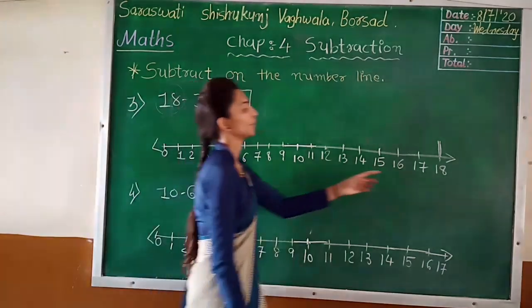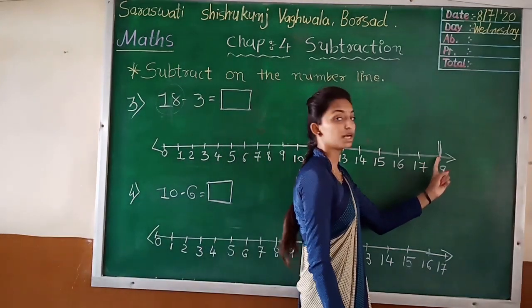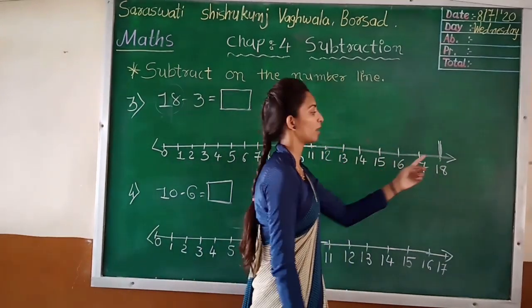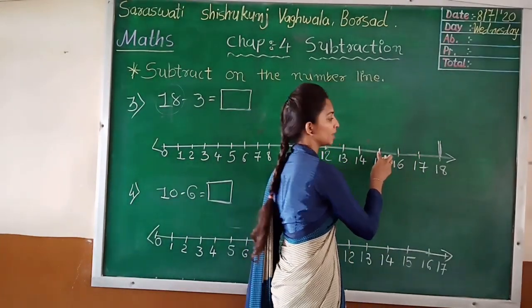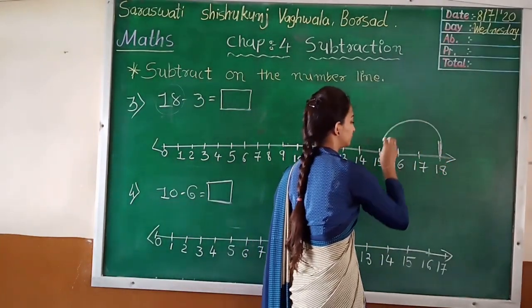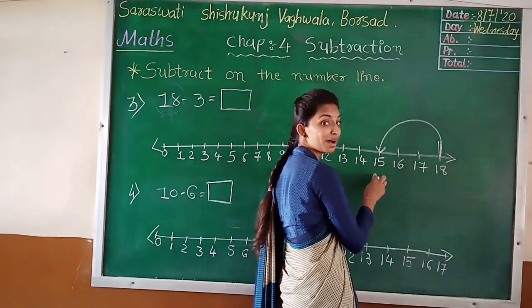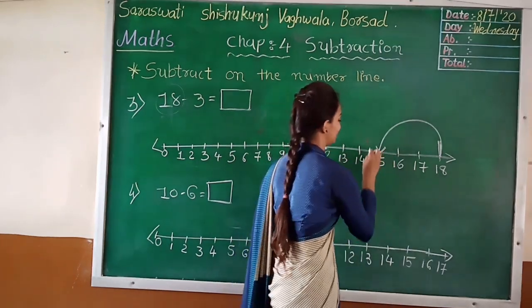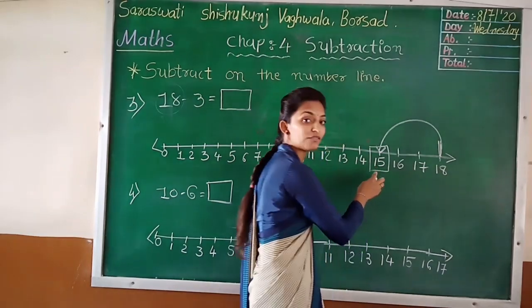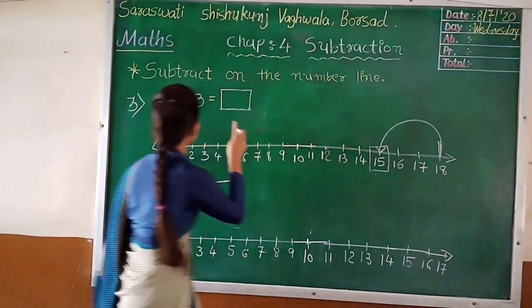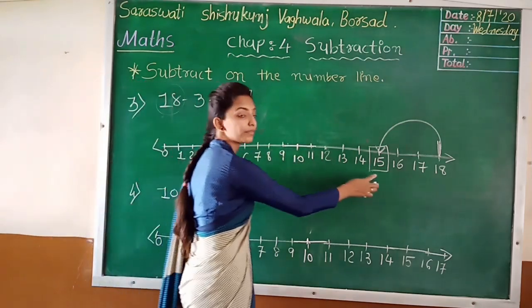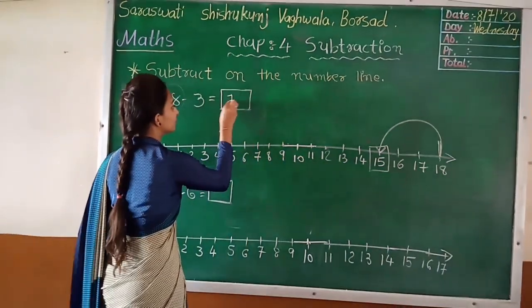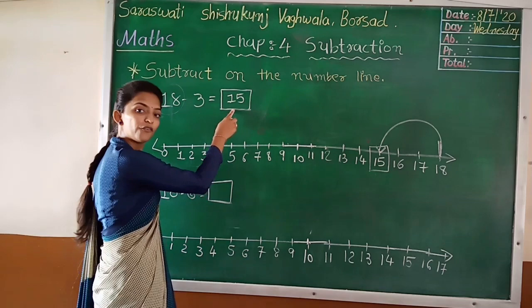That means you have to jump back 3 numbers from 18. 1, 2, 3. So jump. Which number comes? 15. So our answer will be 15. So write here 18 minus 3. Which number comes? 15. So our answer is 15.